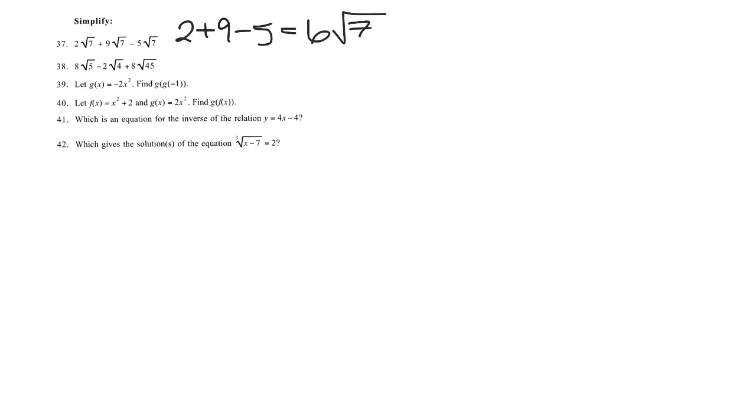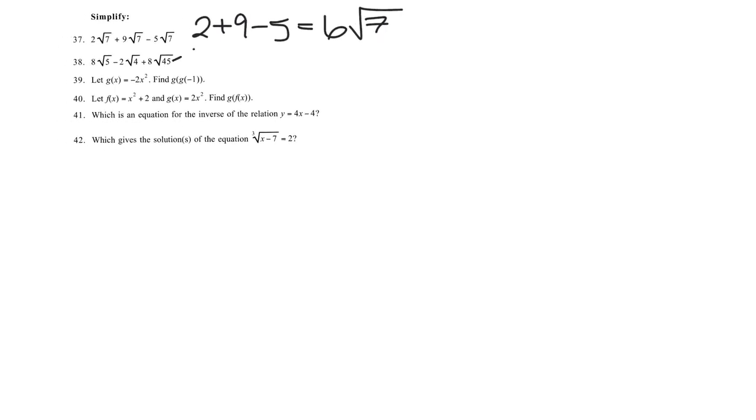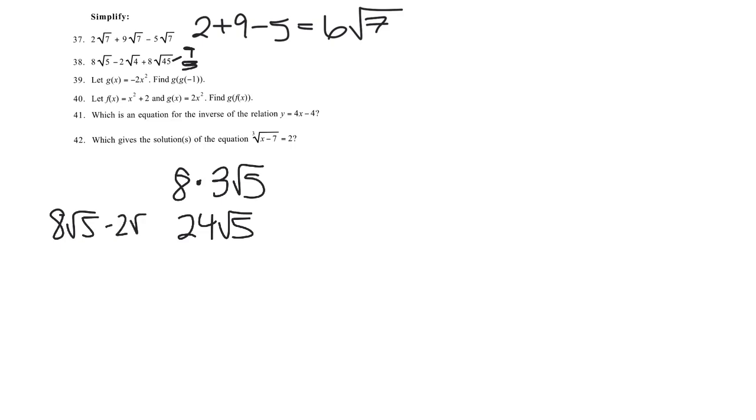And number 38 is a little more complicated, because I have a square root of 5, a square root of 4, and I have a square root of 45. So first I'm going to simplify square root of 45. I know that's 9 times 5, which is 3 radical 5, so 24 radical 5. And so I have 8 radical 5 minus 2 radical 4 plus 24 radical 5.